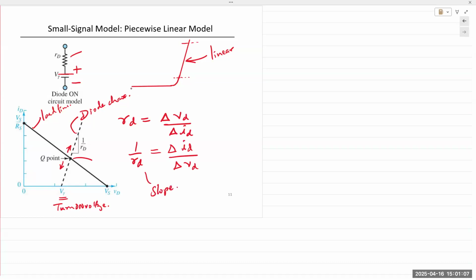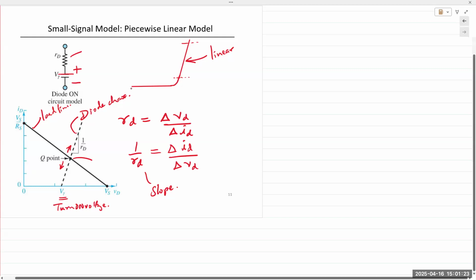So again, if you take it at one single point, at the Q point or any other point, it's static resistance, simply voltage over current, applying Ohm's law. If you take any 2 points, you're measuring a change in voltage and a change in current. So you get dynamic resistance.